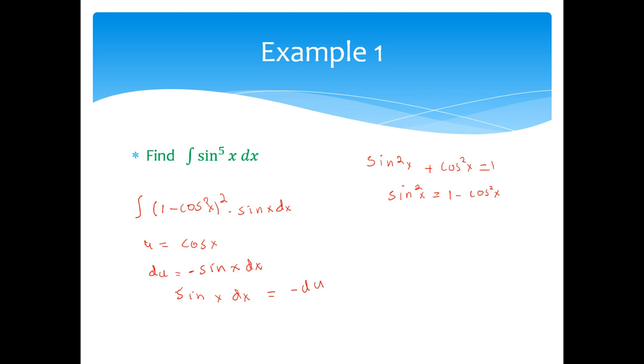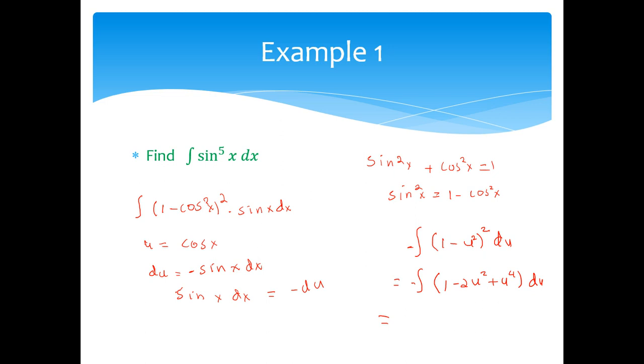So now we substitute everything in terms of u. We're going to say integral of 1 minus u squared, all squared, times negative du. So that would be equal to negative integral of 1 minus 2u squared plus u to the power 4 du.